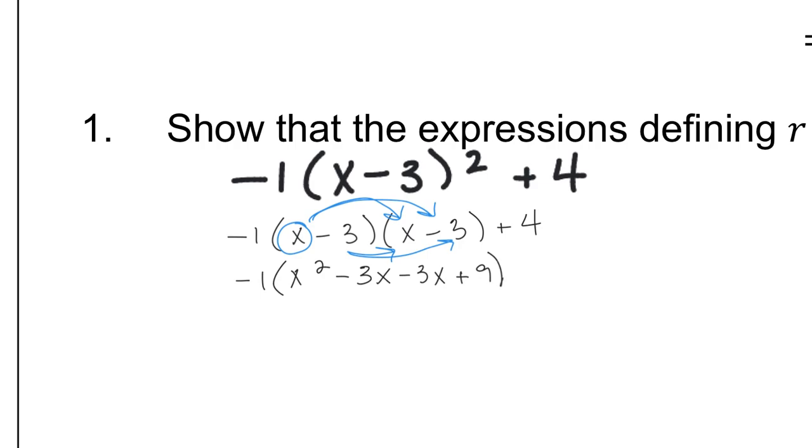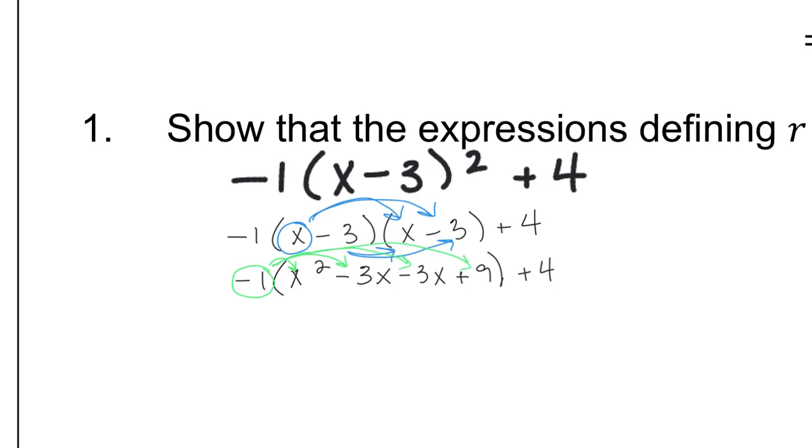That is where my parentheses close. And then we have the plus 4. Then we have this negative 1 hanging out in front. This is being multiplied to everything inside our parentheses here. So we need to now take this negative 1 and distribute it to all four terms inside our parentheses here.